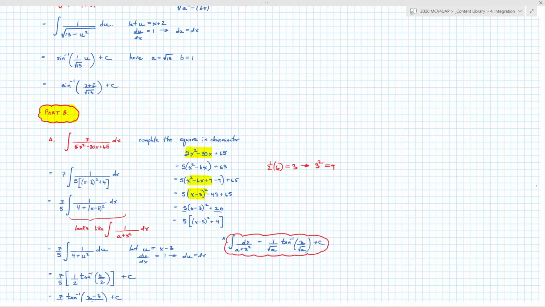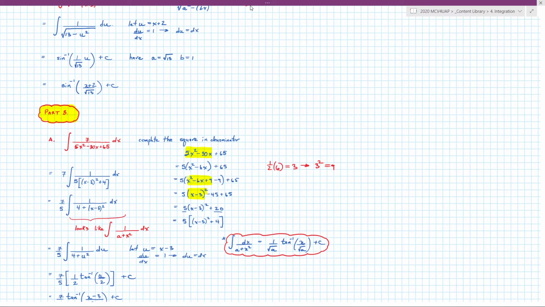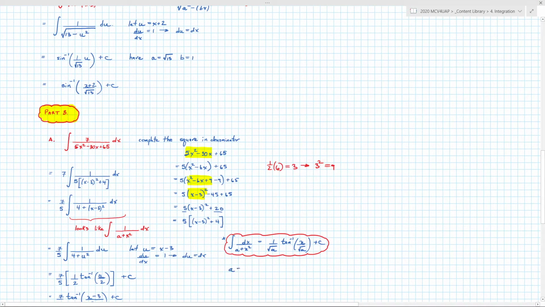Now I just apply that formula that's over on the right hand side in the red bubble. It's just 1 over square root a. So in this case, our a is 4. Maybe I can write that down. Here we're using a equals 4. So it's 1 over square root 4 tan inverse u over square root 4.